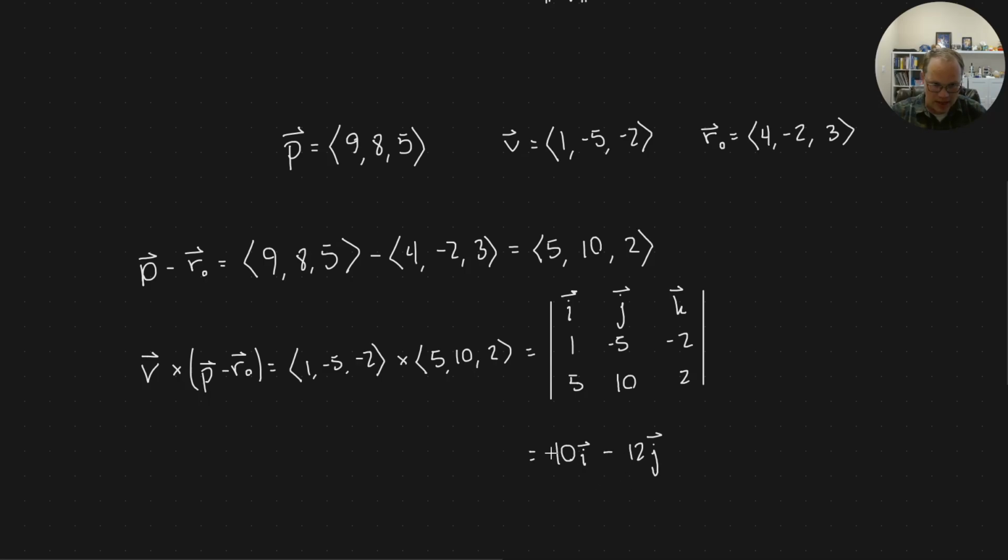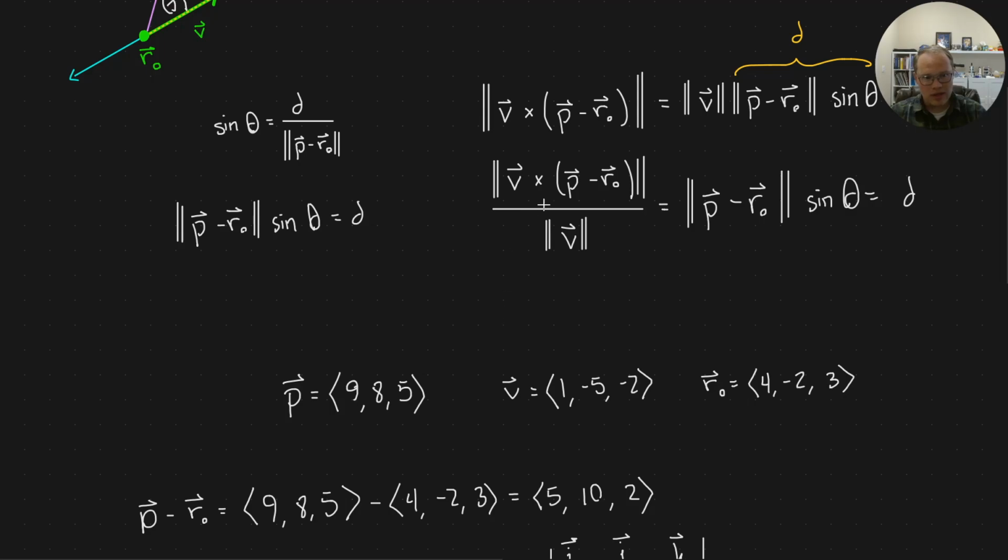So I swap the sign, right? Plus, minus. The last component, k, that'll be a plus. 10 minus -25. So that would be 10 plus 25, that's 35. Okay, 35k. So that gives me the vector 10, -12, 35. Okay, that's my cross product on top.